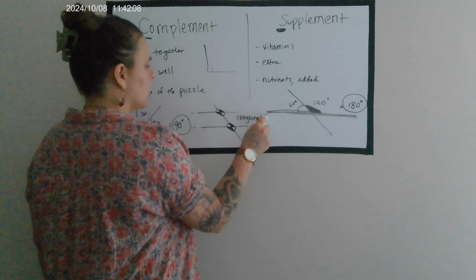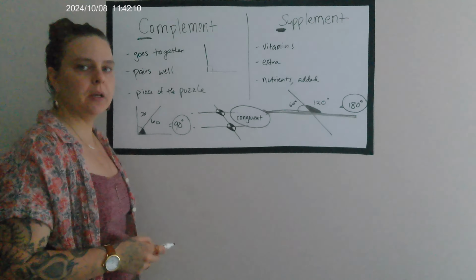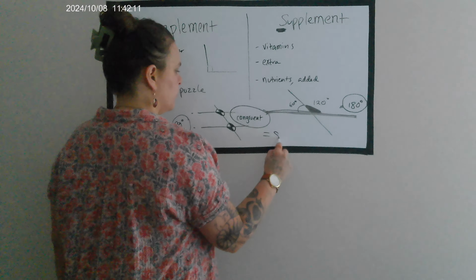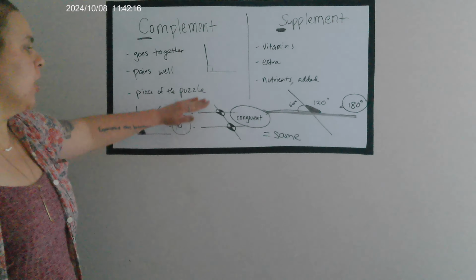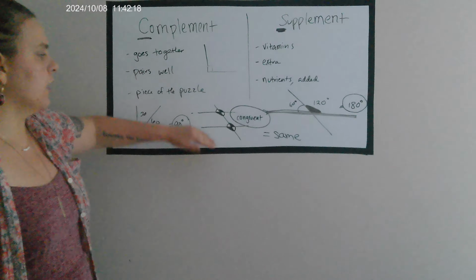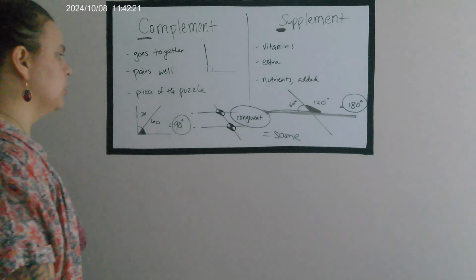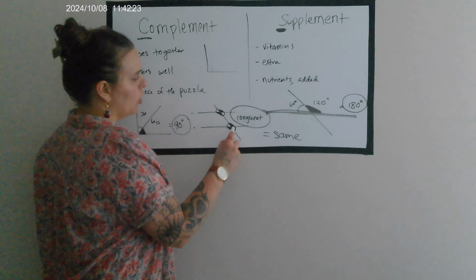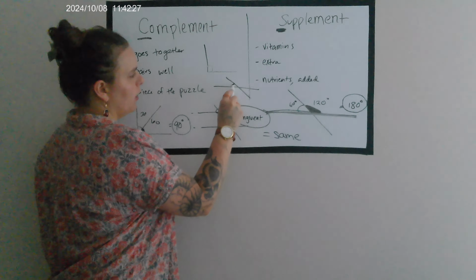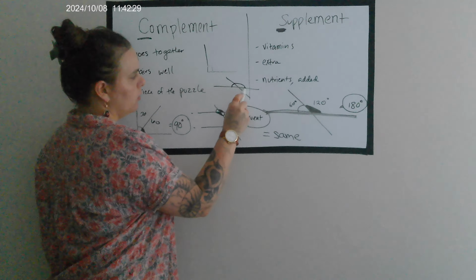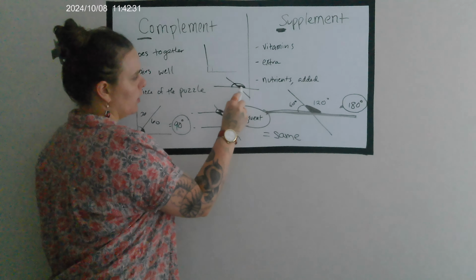Now let's talk about the word congruent. Congruent means the same, okay? And if you're talking about two parallel lines that are cut by a transversal line, okay, like this, you create a supplemental relationship here, okay?